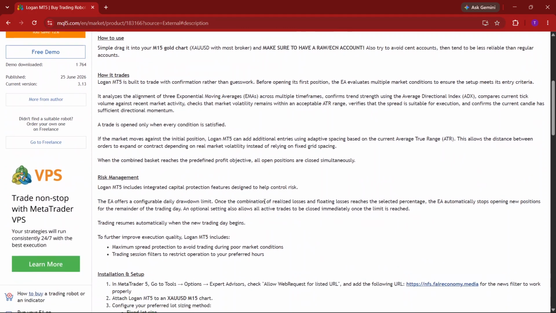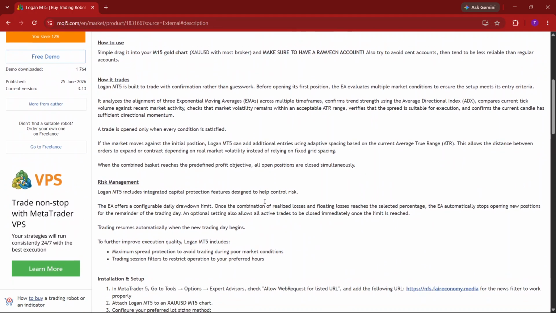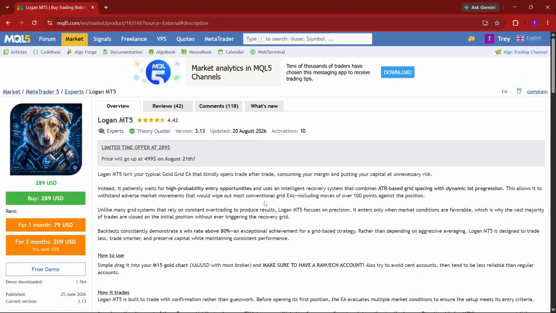But if you're someone who needs tight drawdowns for prop firm challenges without heavy risk reduction, or you simply don't want to sit through the occasional ugly recovery phase that's inherent to this approach, probably best you skip it then.